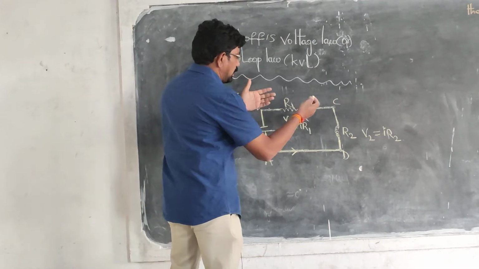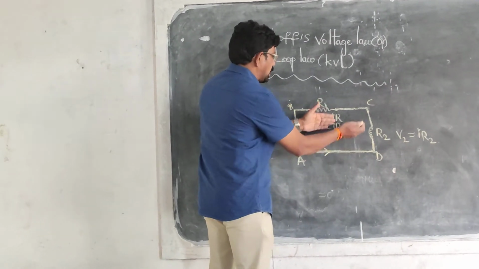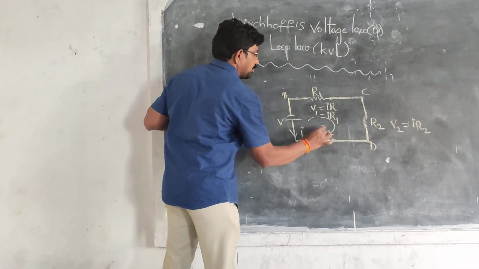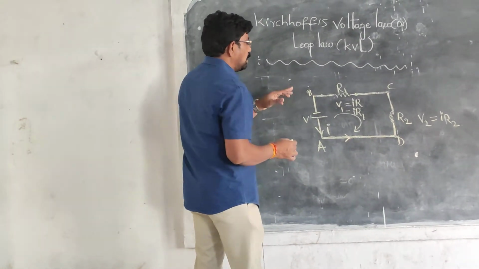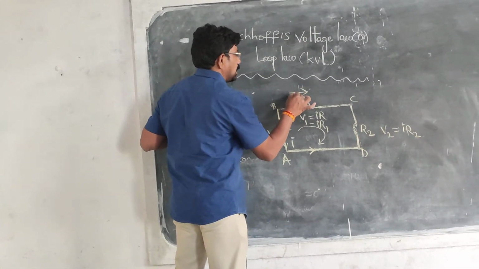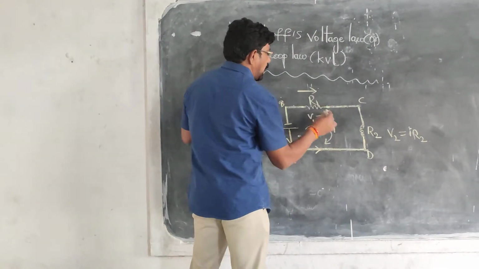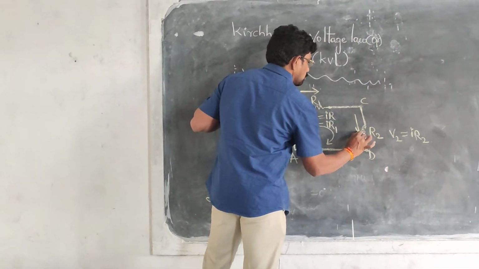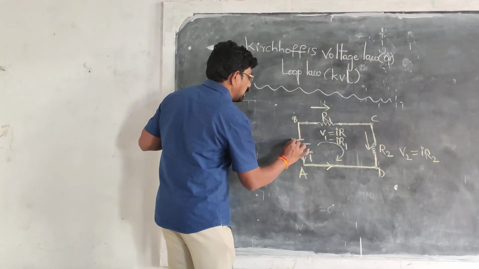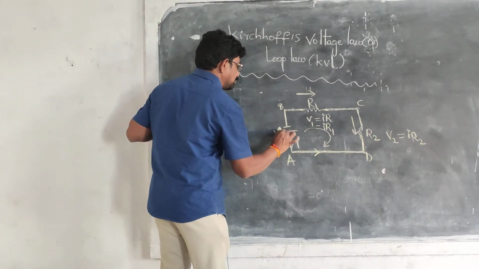You can move in the loop in the clockwise or anti-clockwise direction. I am moving in the clockwise direction, so write clockwise arrows at the various components in the circuit. This is the assumed direction.